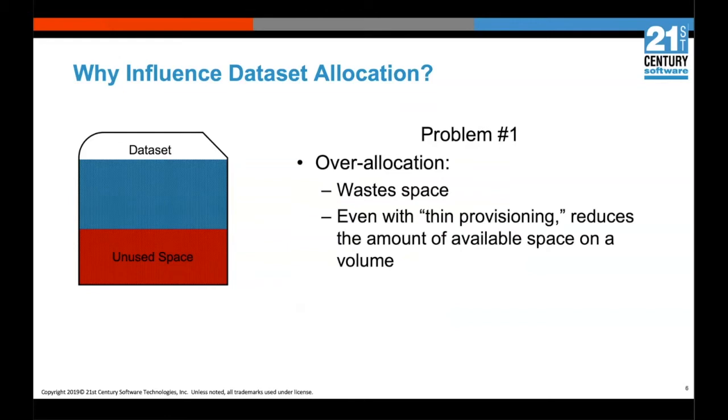It's also important to understand that even with modern storage arrays, they have the concept of thin provisioning, which is kind of a hardware strategy that defers the actual assignment of physical disk space until that space is actually written to.